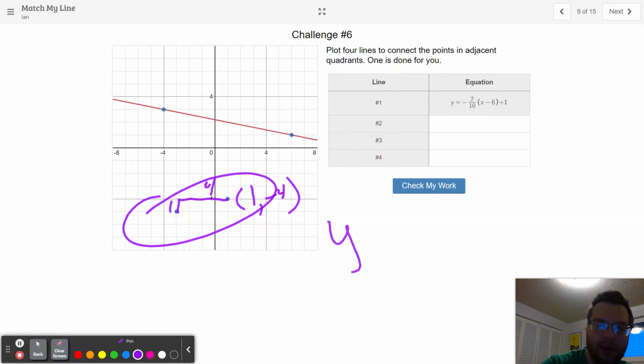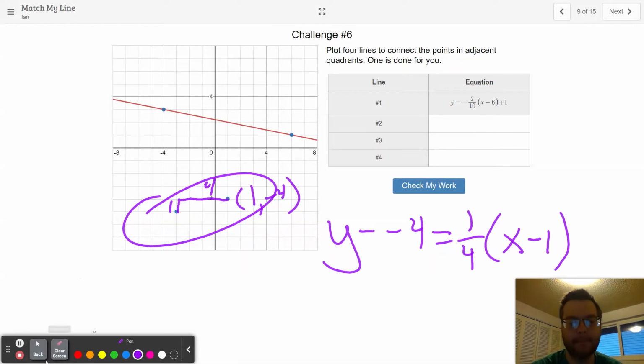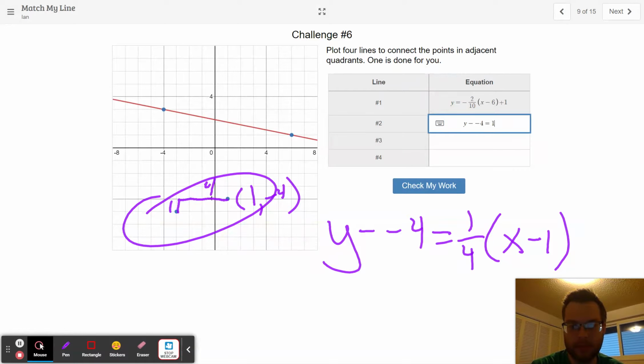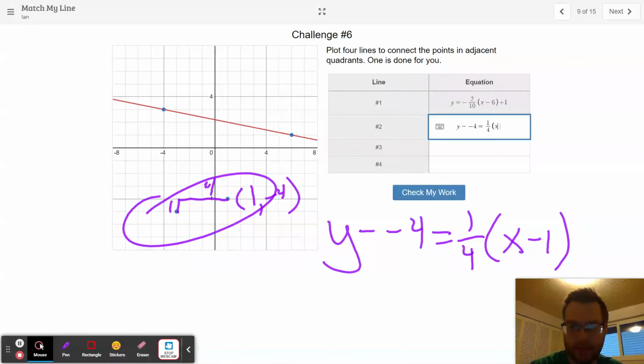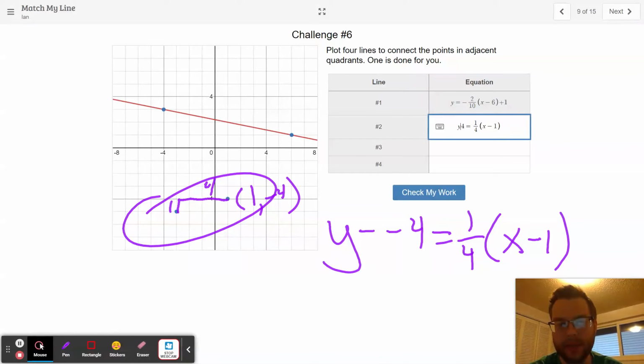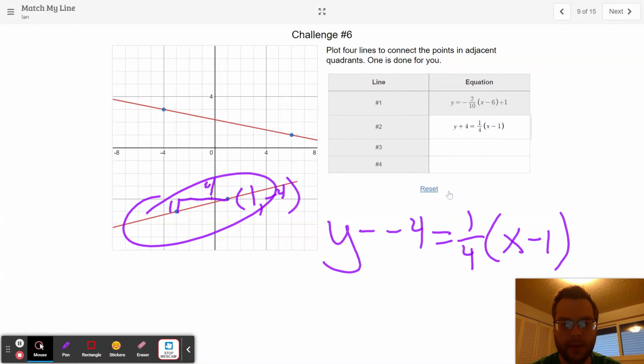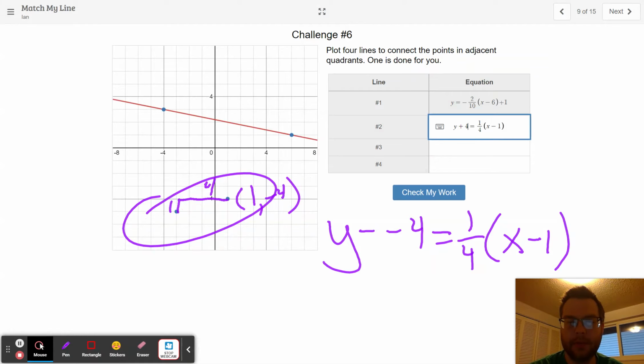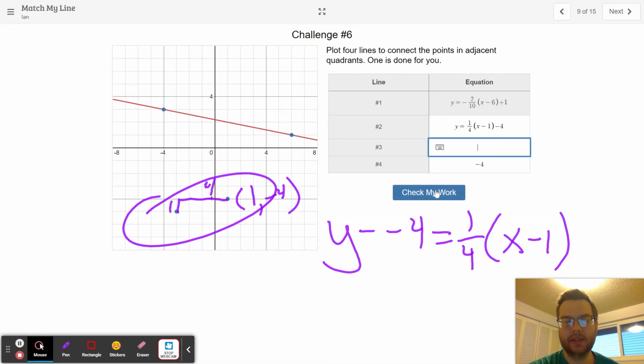So I can write y - (-4) = 1/4 (x - 1), and I should be good to go. Of course I could have replaced y minus negative 4 with y plus 4, and it would have been equivalent. Or the way Desmos is writing them is subtracting 4 from both sides. To leave it like that, and then you'll see it goes through those points.